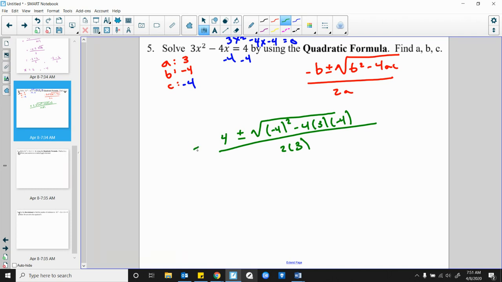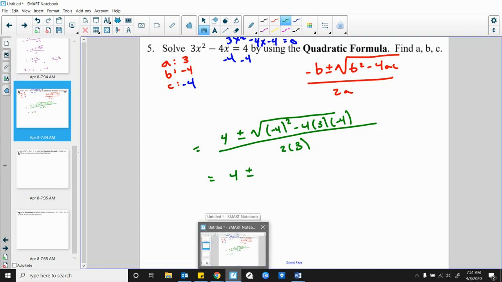From there, we can do a little simplifying. So we'll have 4 plus or minus. Let's go ahead and do in our calculator what's underneath. So we'll do in parentheses negative 4 squared minus 4 times 3 times negative 4. Close the parenthesis. I got 64.